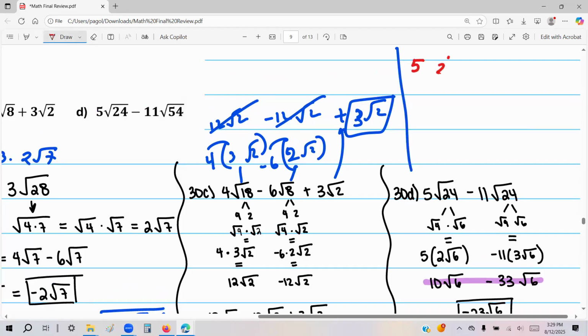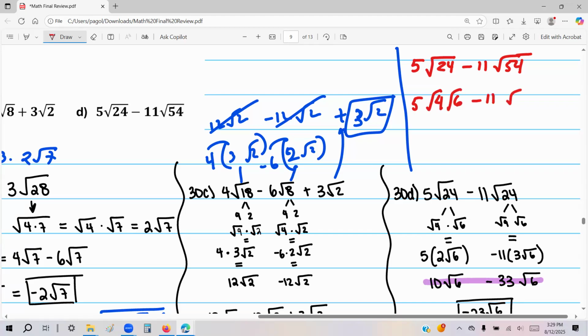Five square root of 24 minus 11 square root of 54. What do you think we have inside both? So we have 4 and 6.